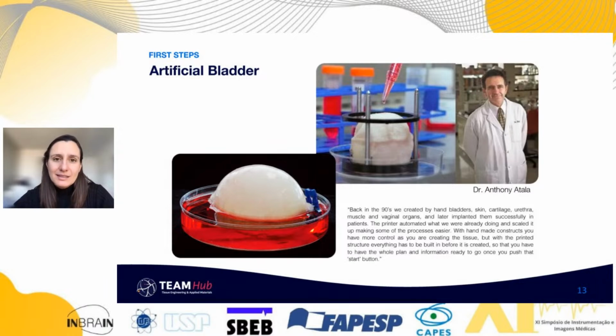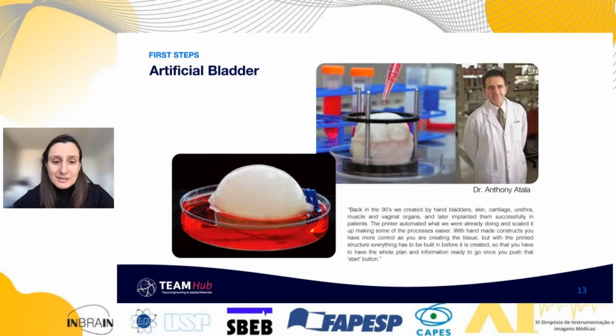So they would physically take some proteins, place cells in different places, and kind of build the structure that they needed to build. They were specialized in bladder diseases and bladder tissues. So they were really good already doing it manually per se. But when the technology of 3D printing came around, they were among the pioneers using and adapting that to biological materials. So they, of course, started printing bladders artificially using the technology.